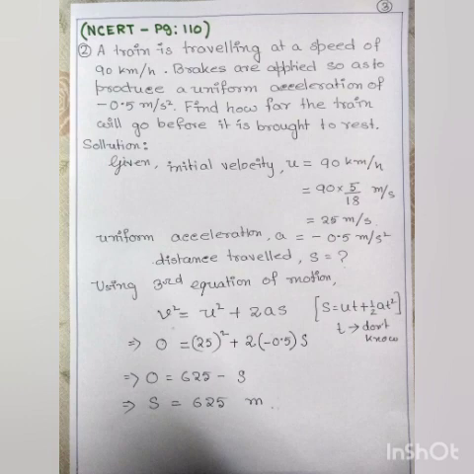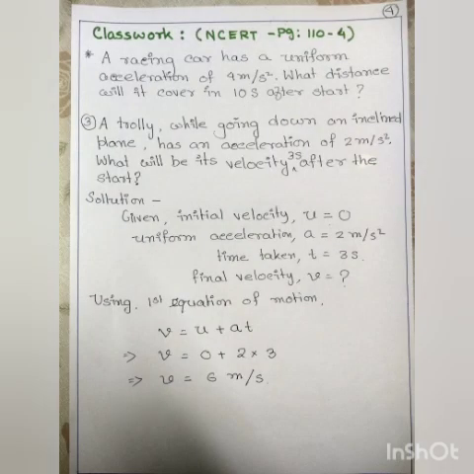Now I am giving one classwork for you, that is also from the NCERT book, page number 110, question number 4. A racing car has a uniform acceleration of 4 meter per second square. What distance will it cover in 10 seconds after start? Clear? So what is the given information here? The car is moving with uniform acceleration, that is a equals 4 meter per second square, and time taken t is equal to 10 seconds.